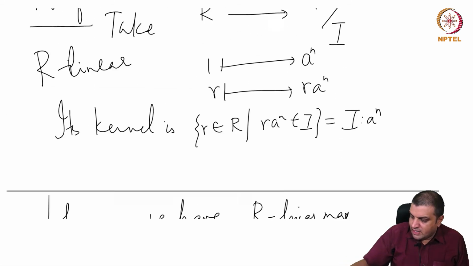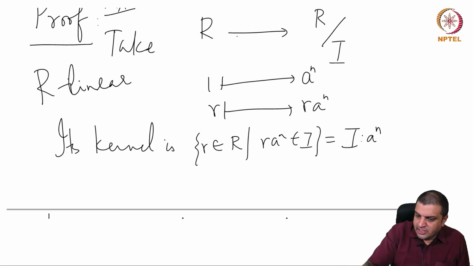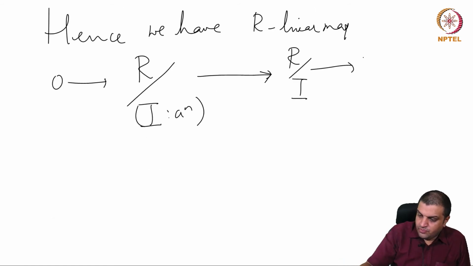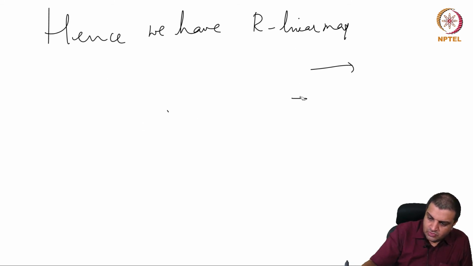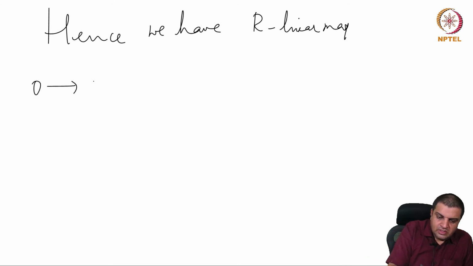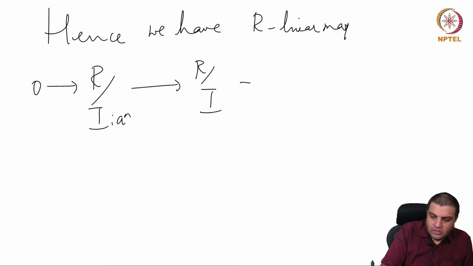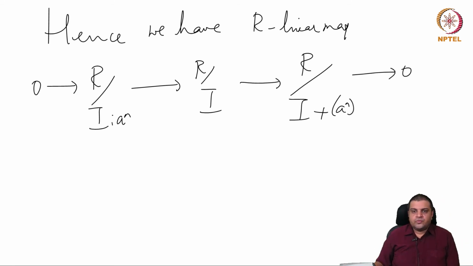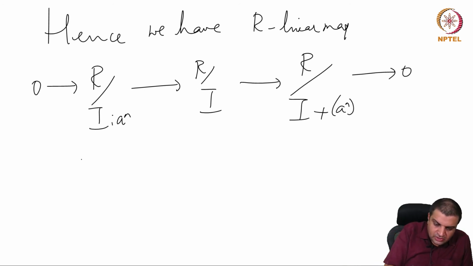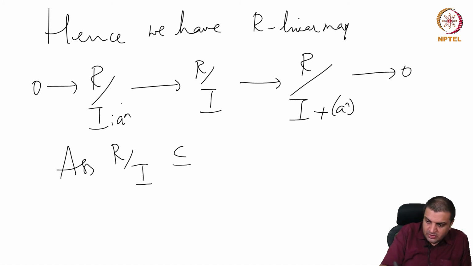This is the kernel of this map, and the quotient is the cokernel of this map, which is just R mod (I plus a^n). So the short exact sequence is: R mod (I colon a^n) to R mod I to R mod (I plus a^n) to 0. Now this says that associated primes of R mod I is in the union of the associated primes here and here.